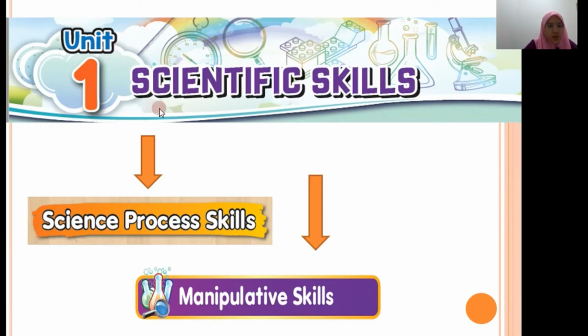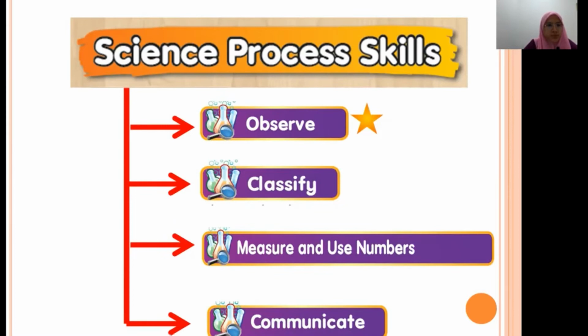In scientific skills, there are two, which are science process skills and manipulative skills. In science process skills, you will learn about observe, classify, measure and use numbers, and communicate. But today, we are going to learn observe.